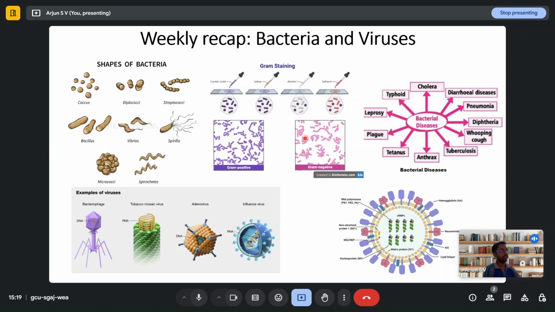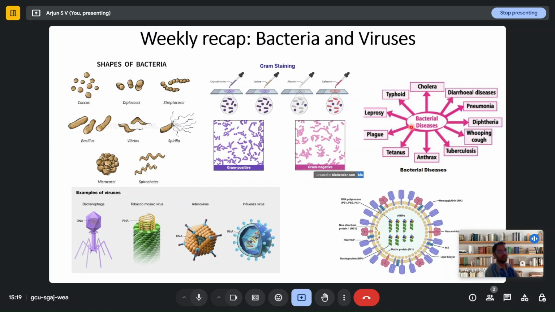Gram negative bacteria, on the other hand, don't have much peptidoglycan. They have a lot of other membrane proteins, and those accept the safranin stain and stain red. So after the gram staining, gram positive bacteria appear purple in color, whereas gram negative bacteria appear red in color.